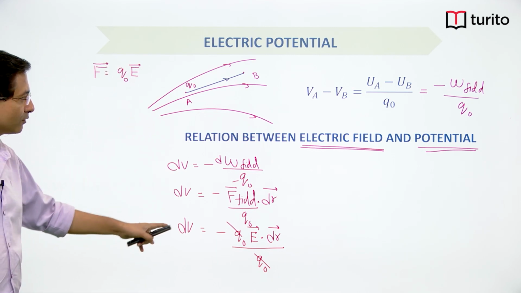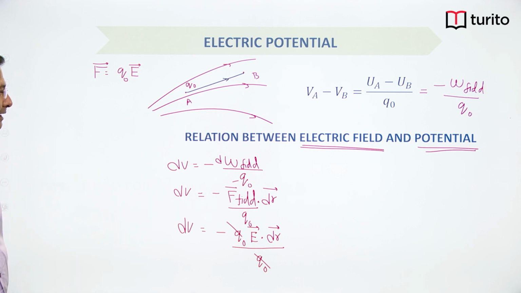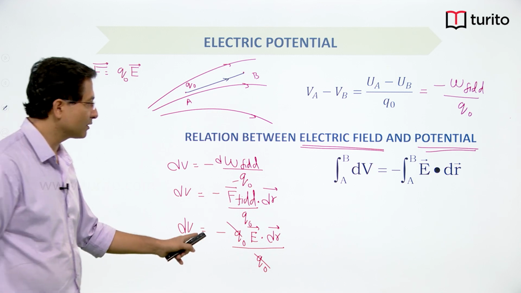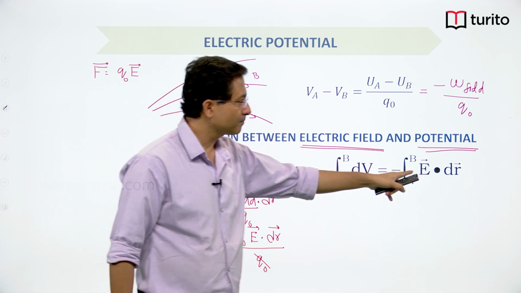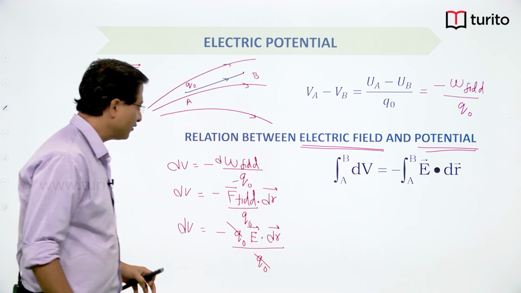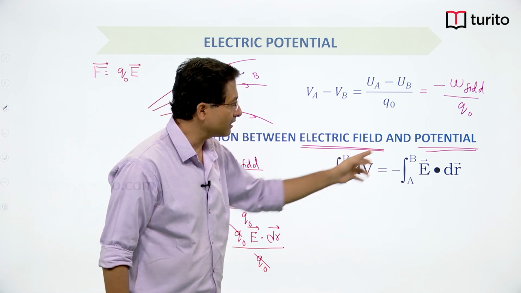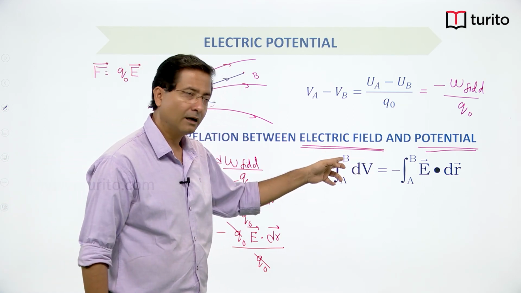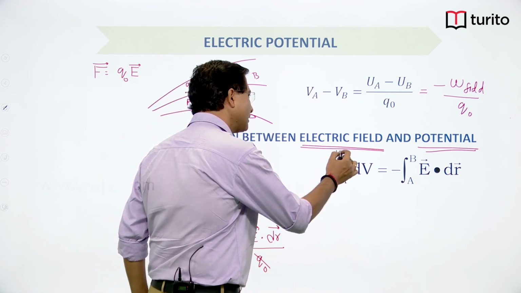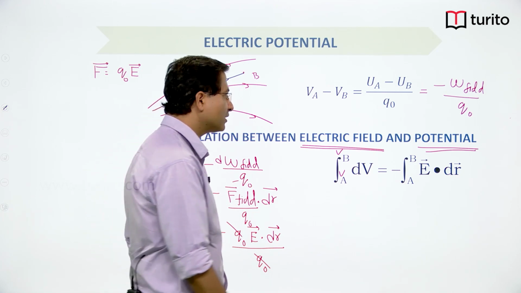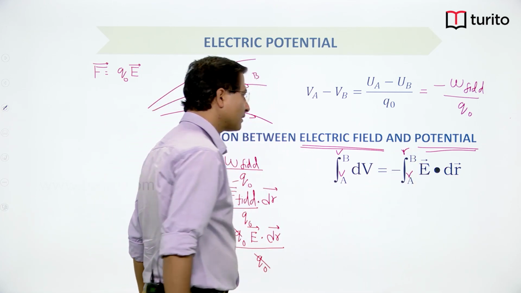Now, you can see what we are getting is dV is equal to minus E dot dr. If we are moving from point A to B, then from A to B, potential at A and potential at B. This is from position A to position B, right.